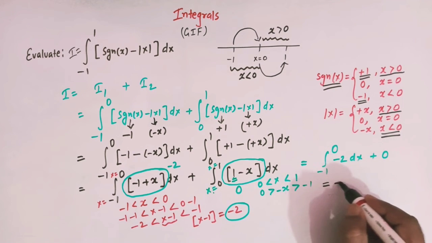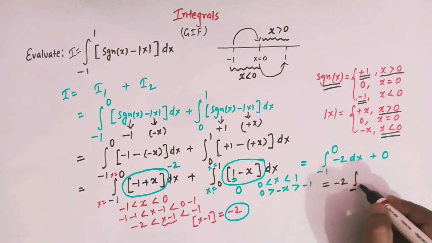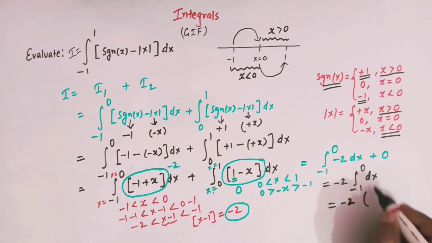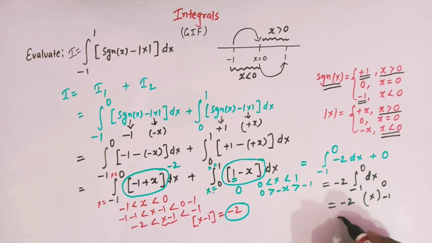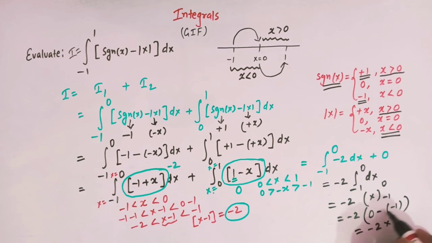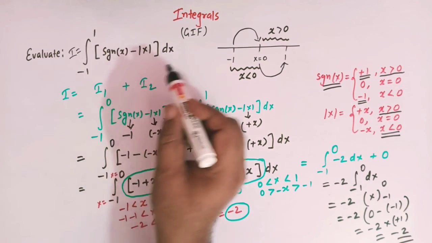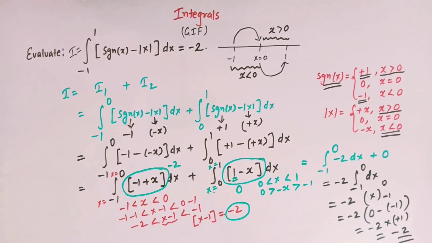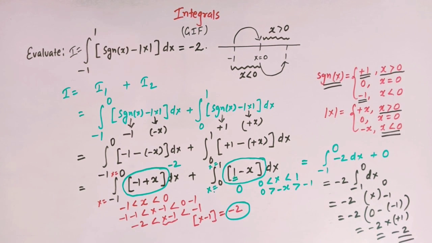We have minus 2 outside the integral, we have minus 1 to 0 dx, and integral of dx is x. Limits are from minus 1 to 0, so we have minus 2, 0 minus minus 1, and then minus 2 times plus 1, and that is equal to minus 2, right? So the value of this integral is equal to minus 2. So viewers, this is how we solve this type of problems.